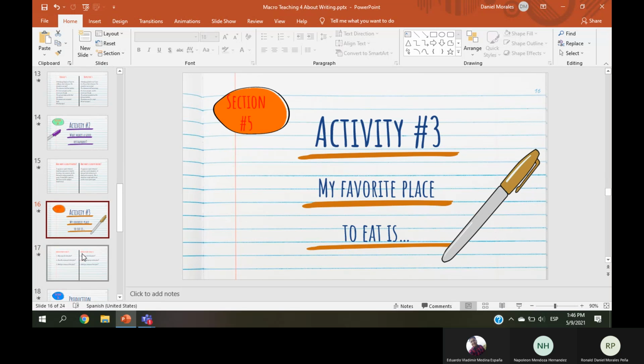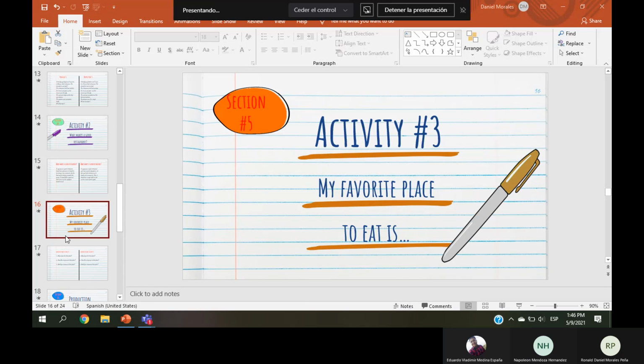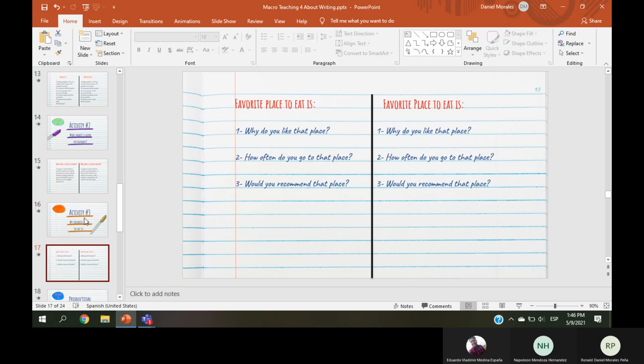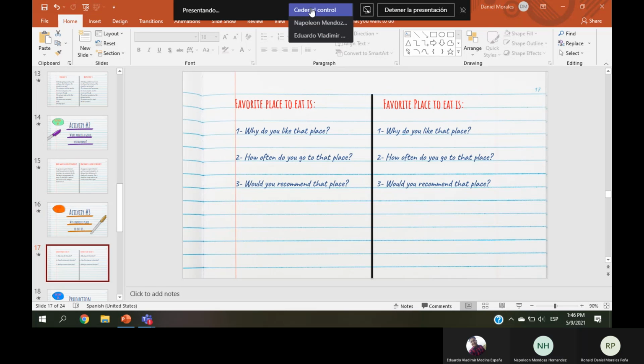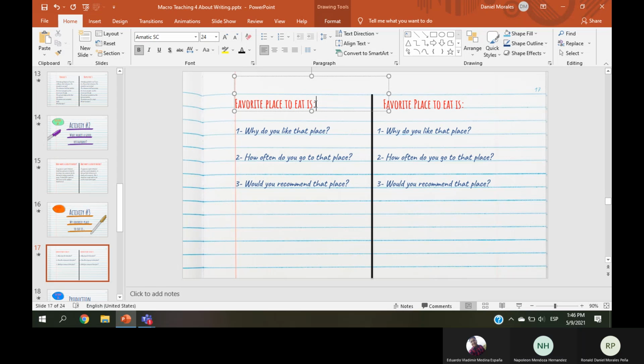Okay, in activity number 3, section number 5, my favorite place to eat is. As we did before, we are going to keep putting into practice what we have learned. I need you to think of a place that you really love, for instance McDonald's, Burger King, Wendy's, whatever is your favorite, and answer 3 questions related to the restaurant.